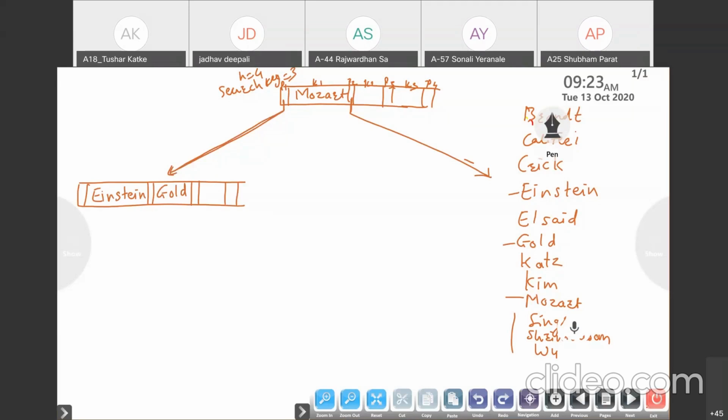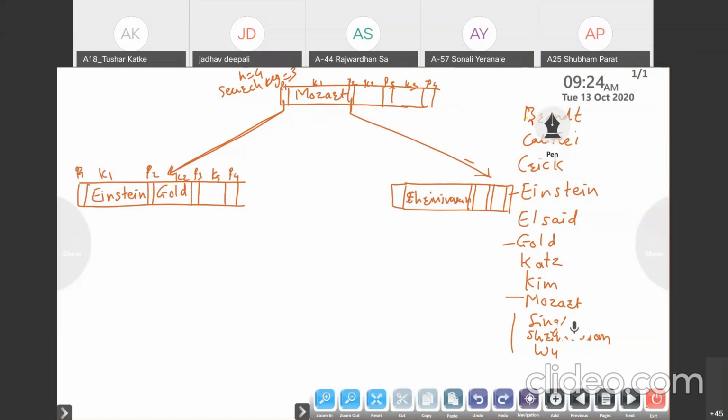Remaining there are 3 values. So here in this I use Srinivasan. Here in this it becomes P1, K1, P2, K2, P3, K3 and P4.